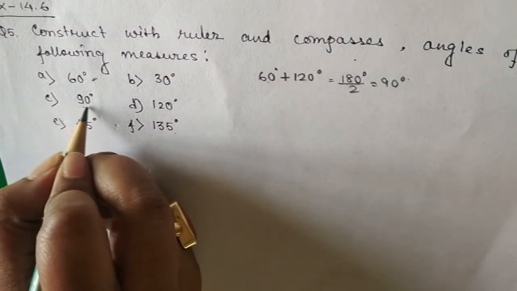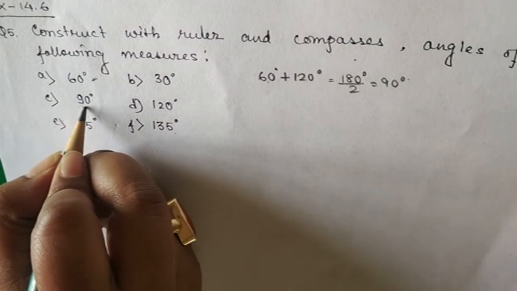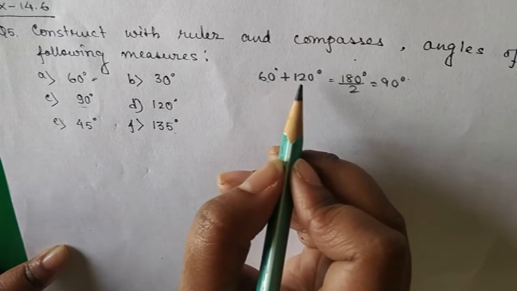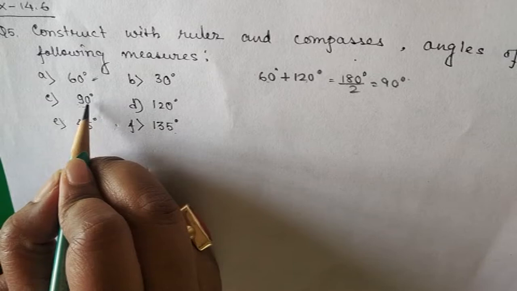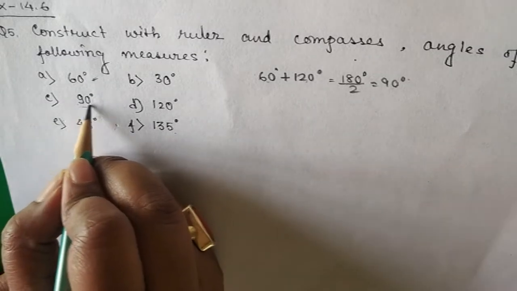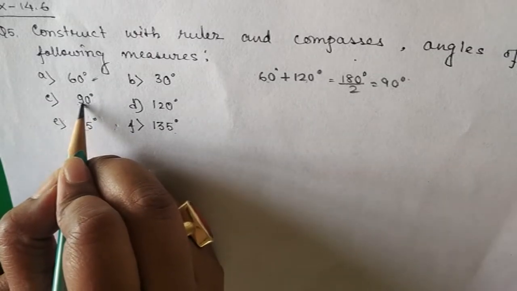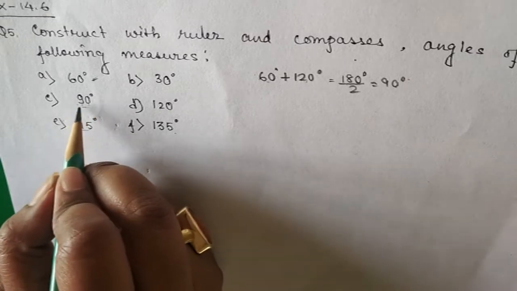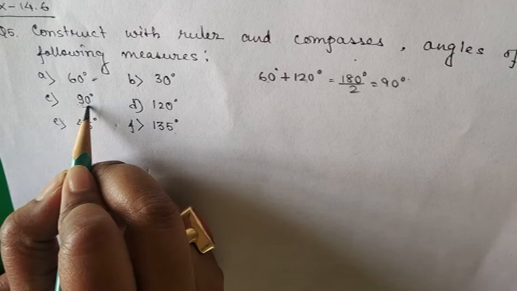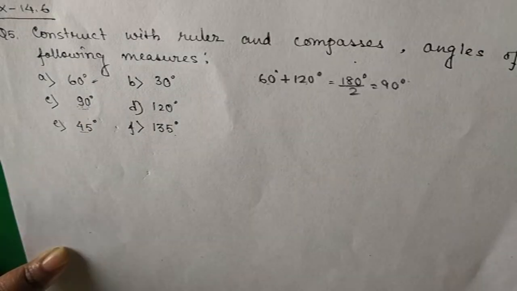So to construct 90 degree, we bisect 60 and 120 degree. And this 45 degree is half of 90 degree, means bisector of 90 degree. Bisector means which divides the angle into two equal parts. So bisector of 90 degree means when you divide 90 degree by 2, you will get 45.